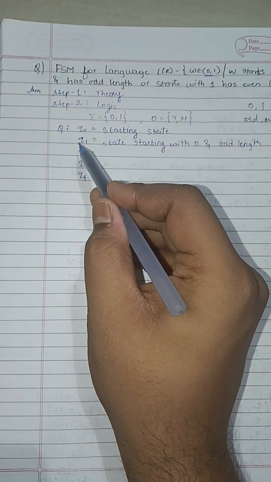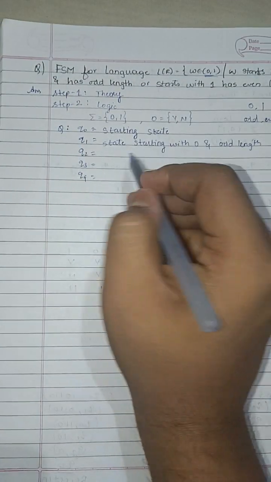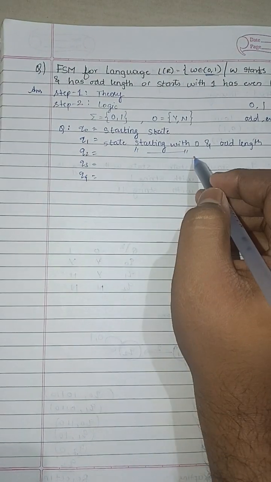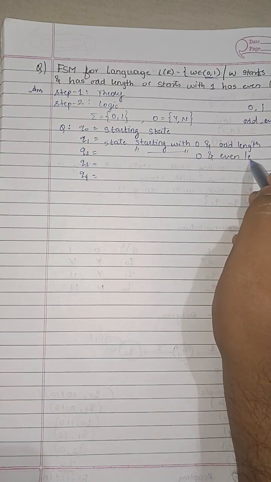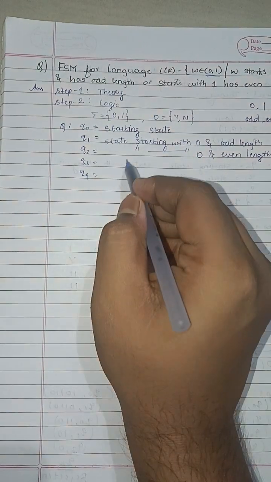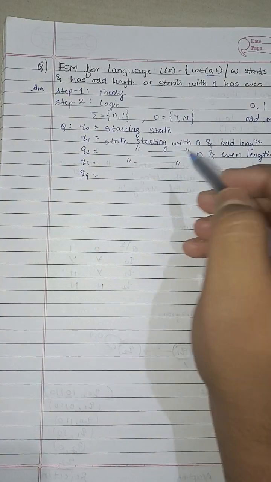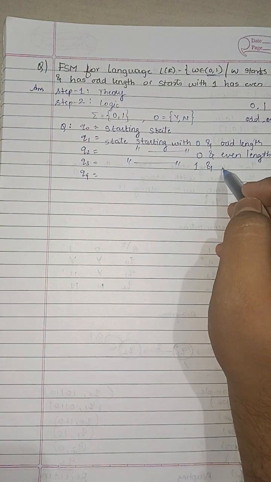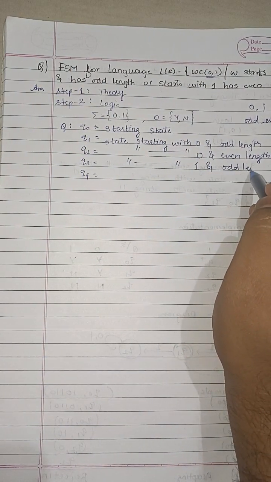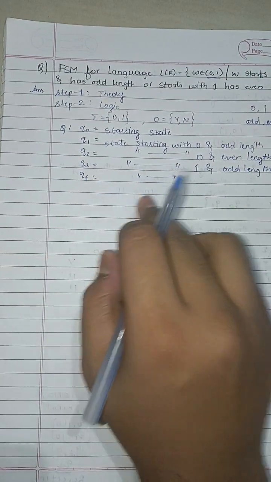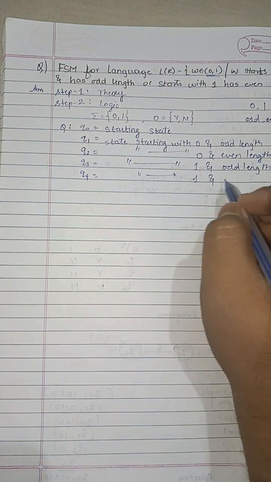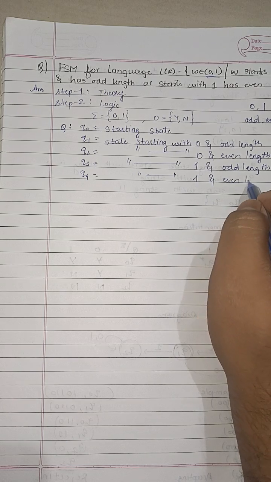That's why we are taking Q1, Q2, Q3, Q4. Q2 is starting with 0 and even length. Q3 is starting with 1 and odd length. Q4 is starting with 1 and even length.